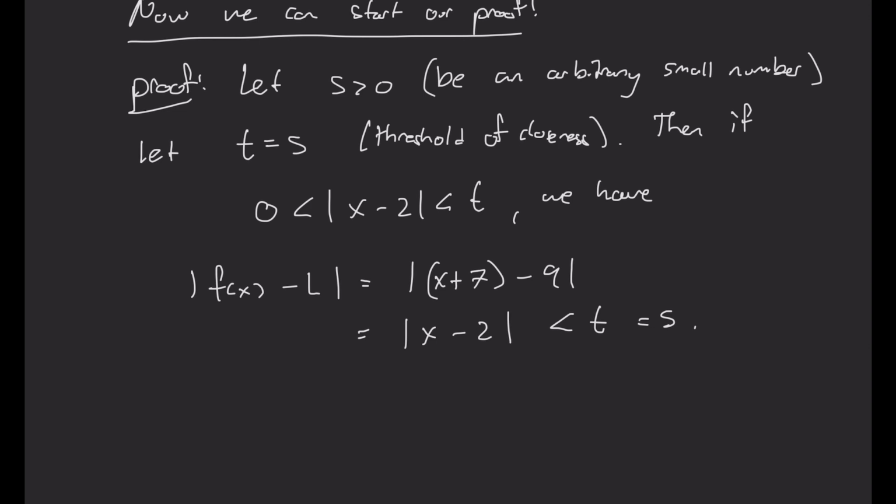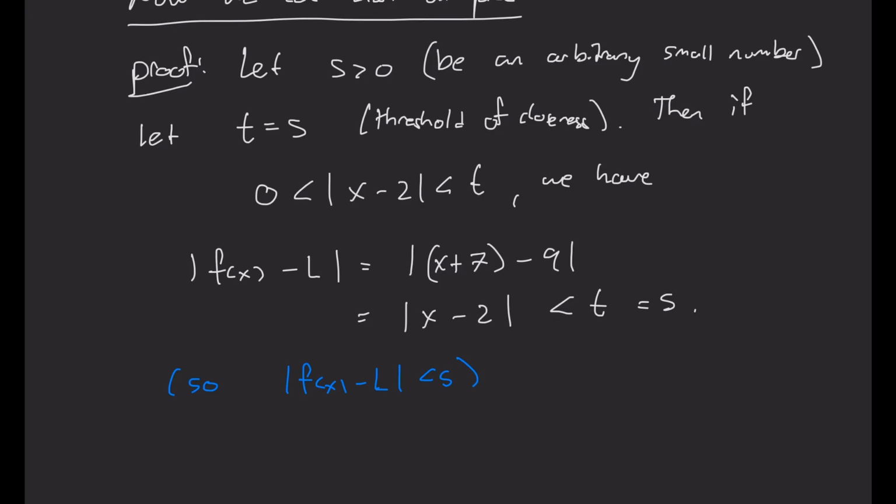So in other words, the absolute value of f of x minus L is less than s if we follow that chain. Okay, but since s greater than 0 was arbitrary, we can conclude that the limit as x goes to 2 of x plus 7 should be 9.